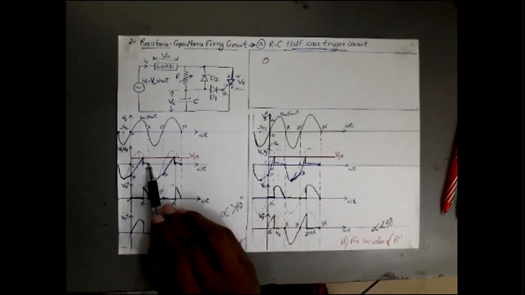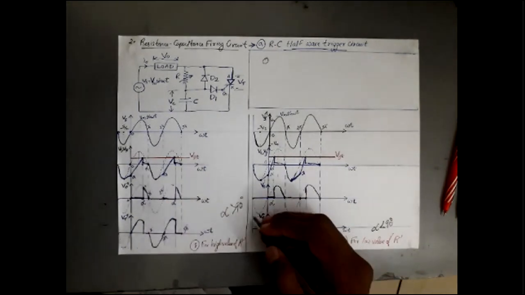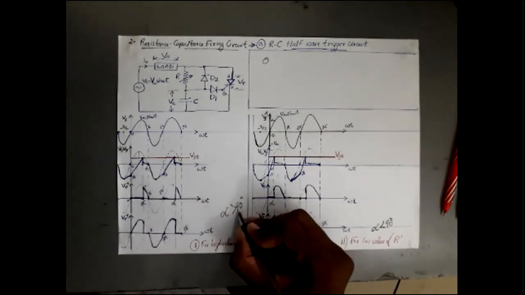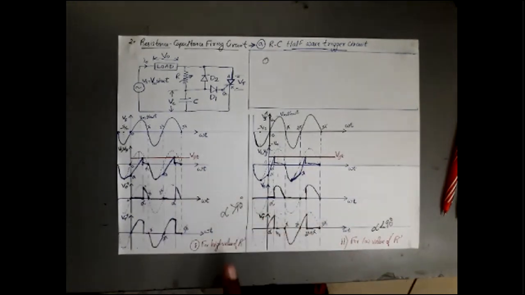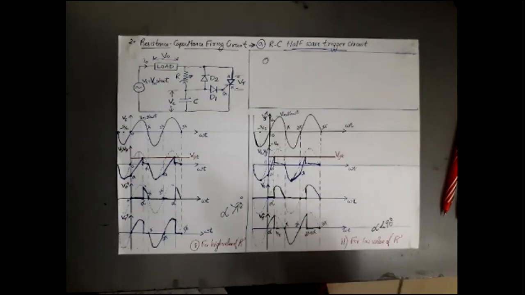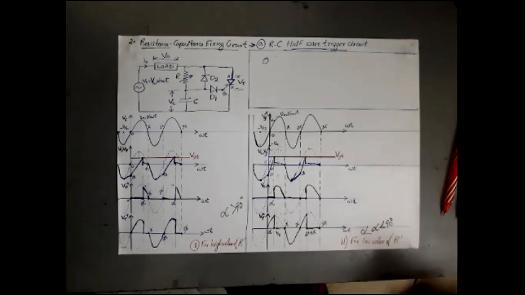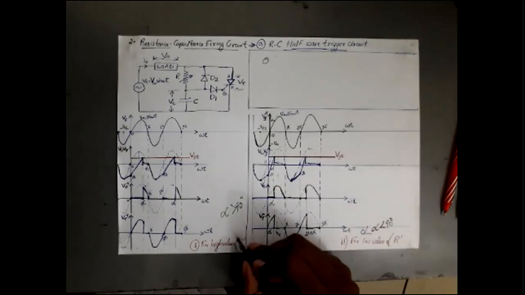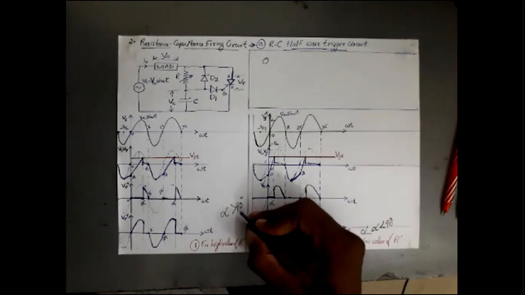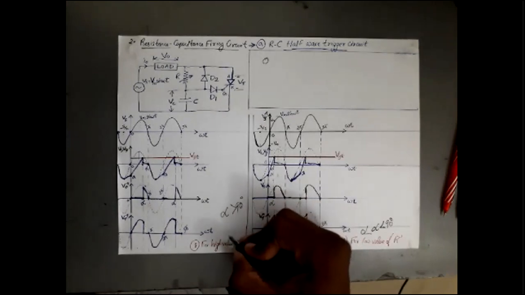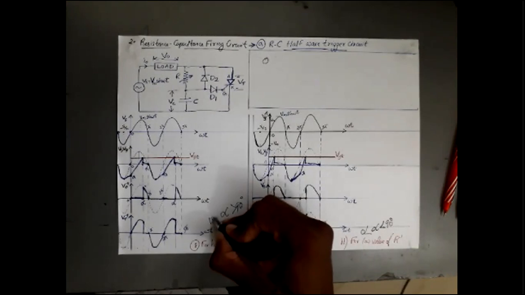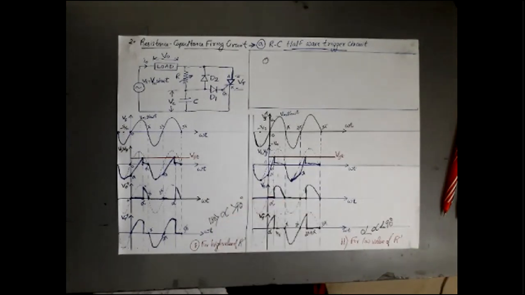It can attain a maximum value of pi. So alpha varies between 90 degree and pi in this case of high value resistance. And in the practical case, alpha cannot be equal to 180 degree. Also, it cannot be equal to 0 degree. Here alpha is varied between 0 and 90 degree. And for a high value resistance, alpha is varied between 90 degree and 180 degree. Okay, hope it is clear for you.